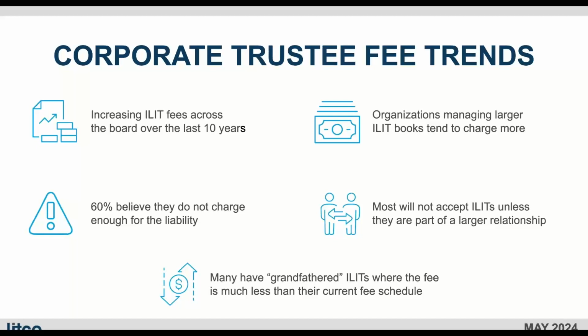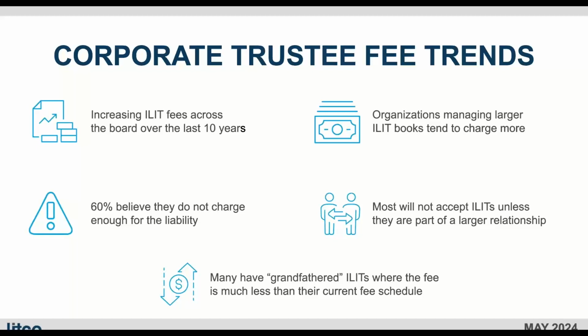When we did the survey a few years ago, it was the larger organizations that had a large number of ILITs that were charging higher fees. When I say higher fees, I mean $2,500 and above. We're seeing some of those organizations now charging upwards of $5,000 per ILIT.